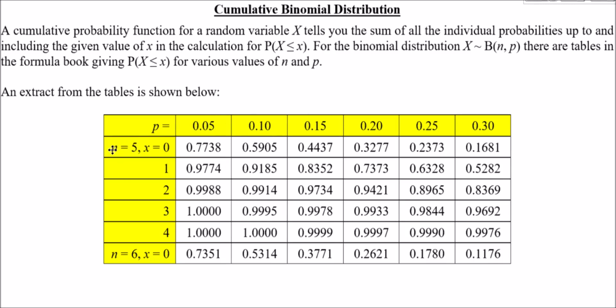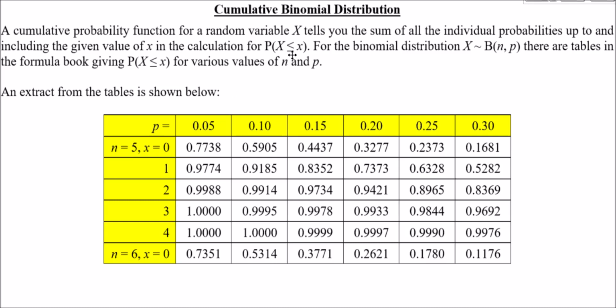Here we've got a total number of trials is 5, and the probability of x taking on the value of 0 is given, then all the way up to 1, 2, 3, 4. If you notice here, these values tend towards 1, because obviously the chance of the variable taking a value of up to and including 5 is going to be a certainty.